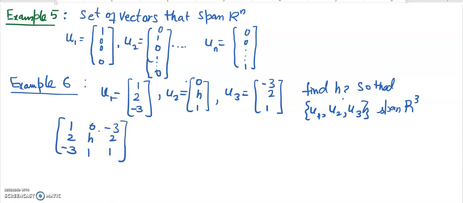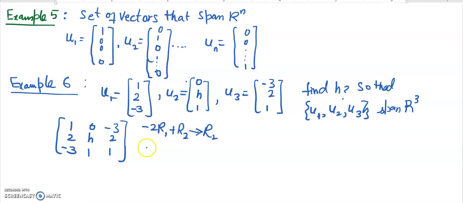Then we try to make this system into echelon form. In this case, our first row operation will be -2 r1 plus r2, that will be the new r2.